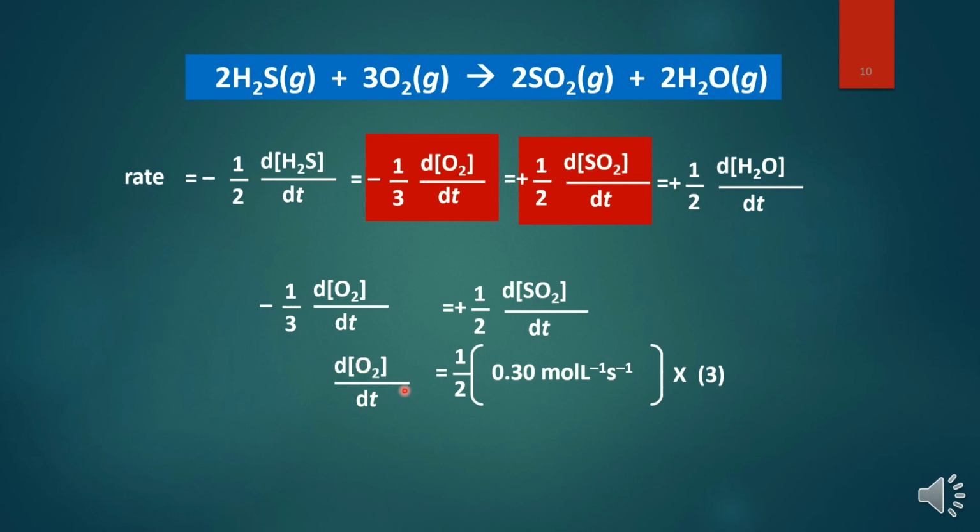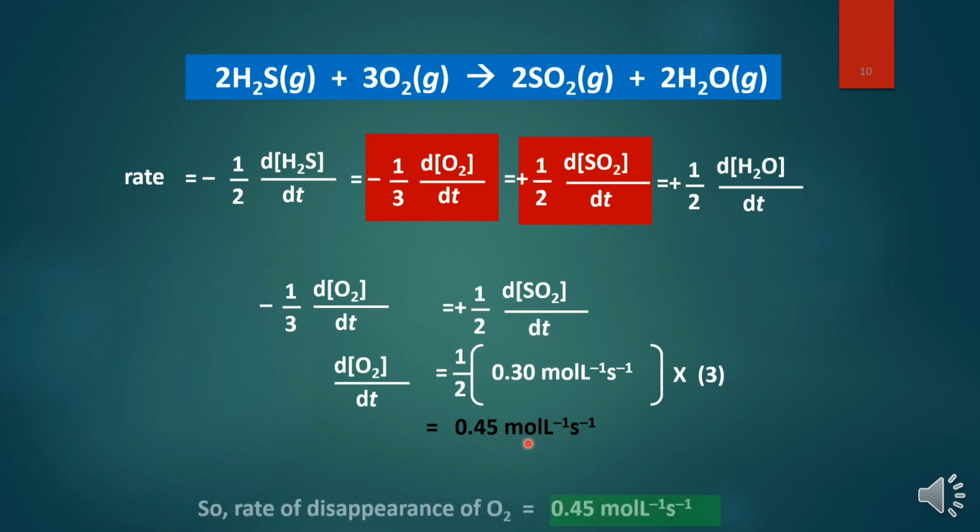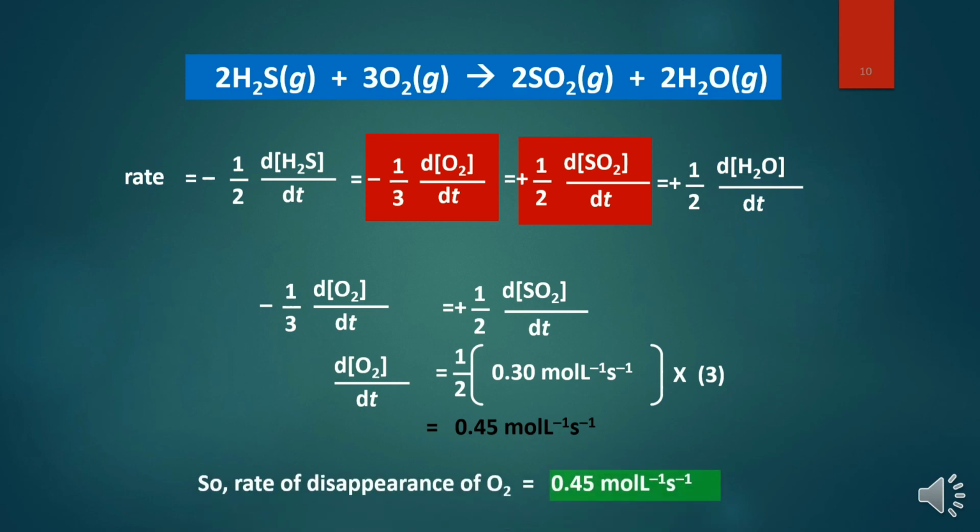When we are doing the calculation, we can ignore the negative and positive symbols because they only show whether the reactant or product is increasing or decreasing. So the rate of disappearance of oxygen gas is equal to 0.45 mole per liter per second.